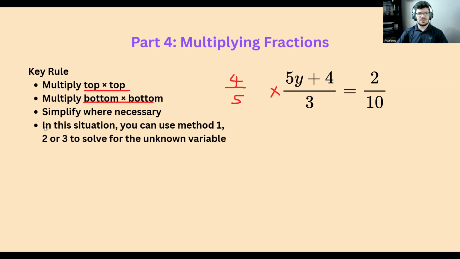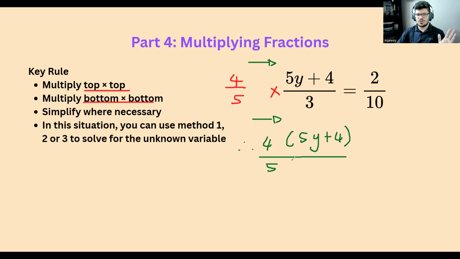In this situation, I'm going to multiply the numerator with the numerator, denominator with the denominator. What it looks like mathematically is 4 times 5y plus 4, over 5 times 3, which will be 15, is equal to 2 over 10.